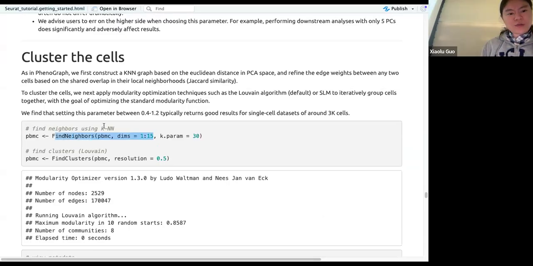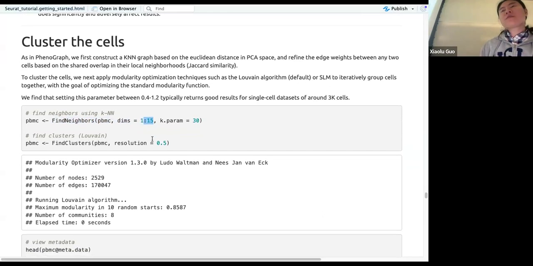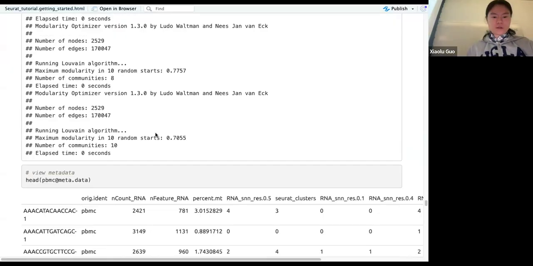When we define the neighbors and then cluster them, we use only 15 dimensions after PCA. The purpose of PCA is that we want to handle lower dimensional data for feasibility.